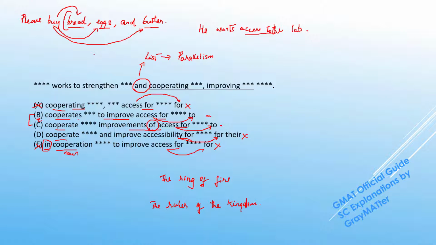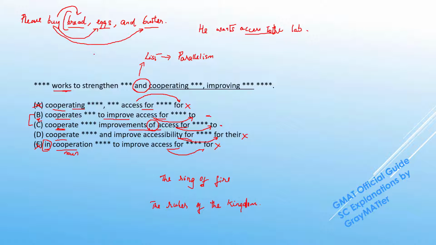Now B says cooperates. If cooperates has to be the verb in the list, then what we can understand is that this cooperates is actually parallel with the verb works. And this might immediately tempt us to eliminate answer choices C and D because we think, okay, it has to be cooperates. But be very careful. This is exactly how GMAT plays with parallelism. They would try to tie different things which could create an impact in the meaning itself. So we just need to actually judge what is supposed to be parallel and how it impacts the meaning.